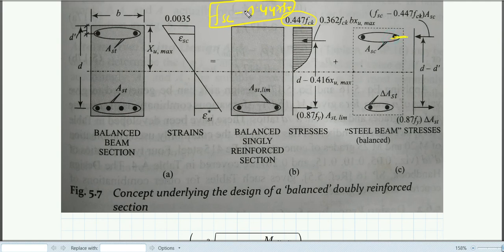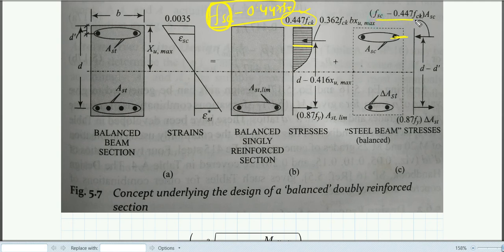So it is the difference between the stress in this compression steel and 0.447 FCK. Why? Because this reinforcement lies in the rectangular portion of the stress block. That is why we can directly subtract 0.447 FCK.